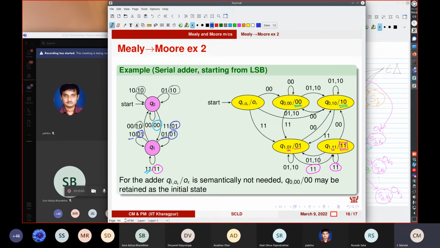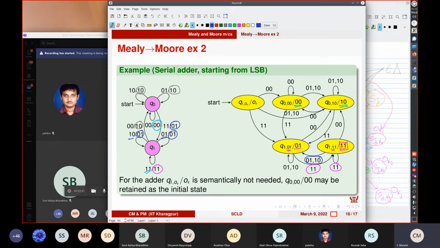So you can see, 1, 0 or 0, 1. I think the detection of the transition may be, no, it's all right. This is associated with this arrow.